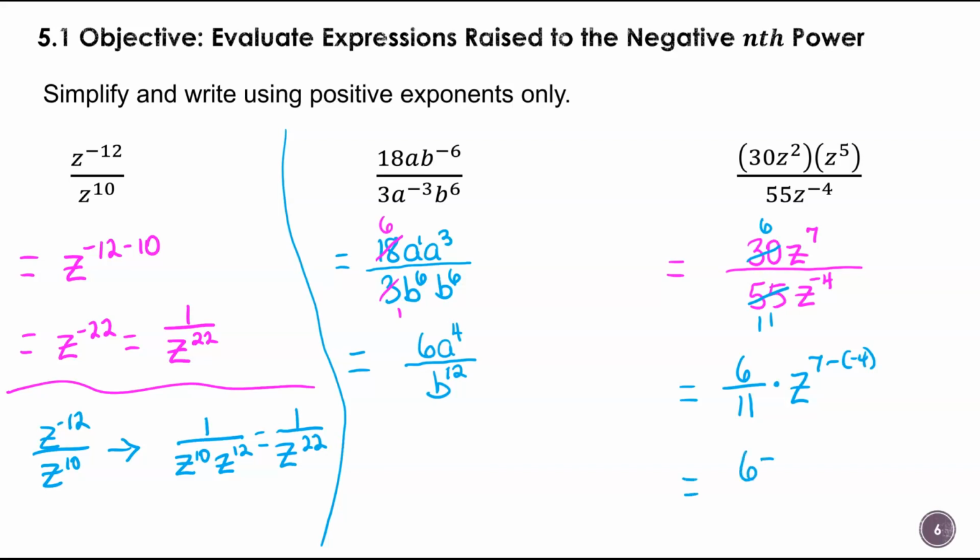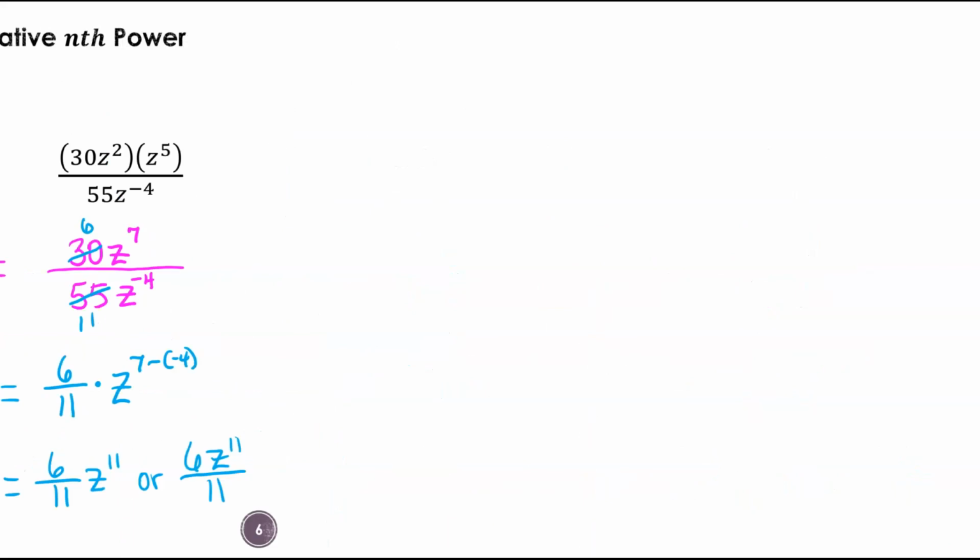So 6/11 times z to the 11th, or 6z to the 11th over 11. So either way to write that is perfectly fine. I think it's just a preference, what you prefer.